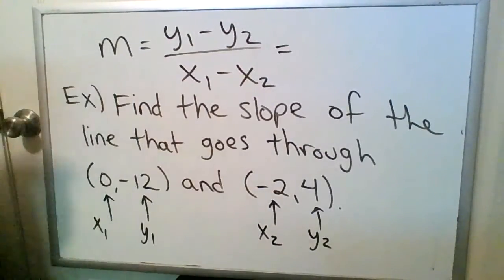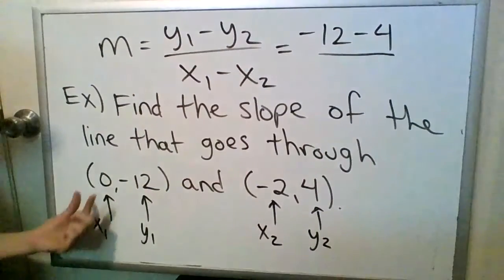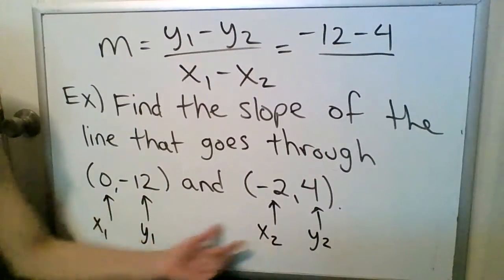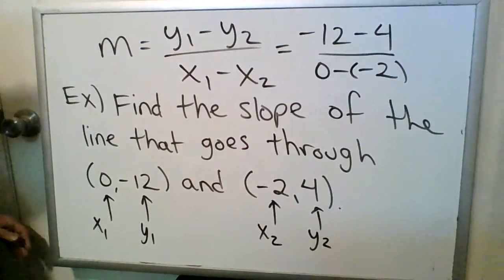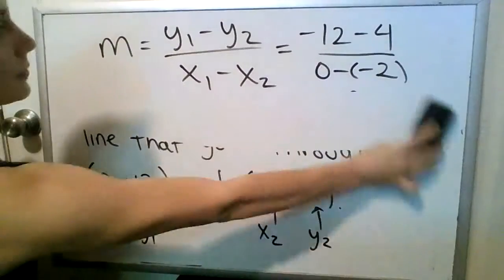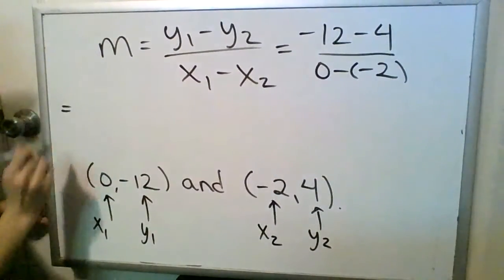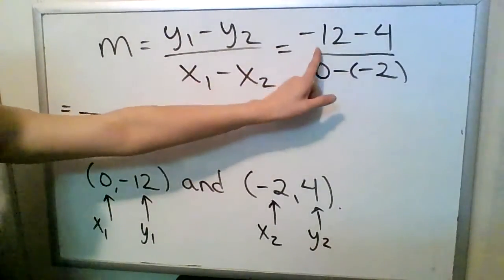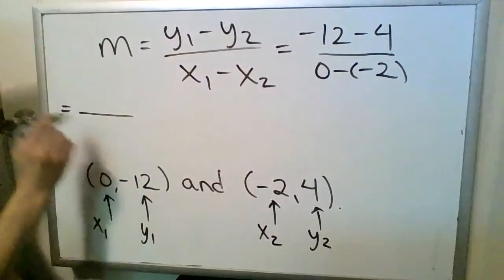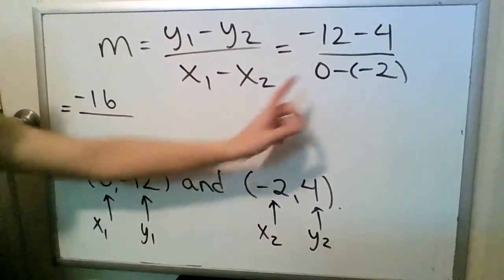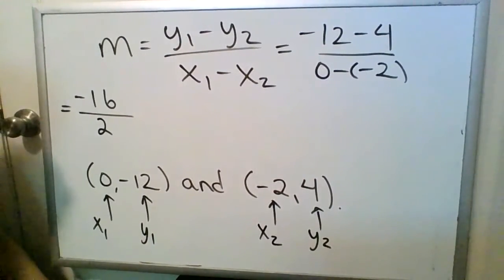Negative 12, subtract 4. Divide by 0 minus negative 2. It's negative 12, even further negative, 4 more units. We're at negative 16. And then 0 plus 2 gives a slope of negative 8.